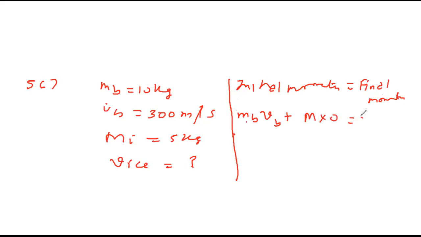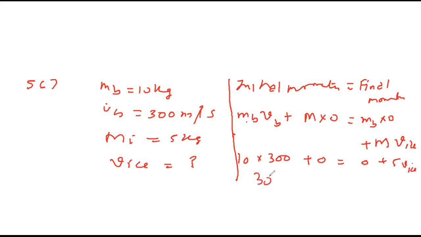Finally, the bullet comes to rest, and the final momentum is mass of ice times velocity of ice. Mass of bullet is 10, speed is 300, the ice is at rest so 0, and mass of ice is 5 times velocity of ice. So 3000 upon 5 is the velocity of the ice.